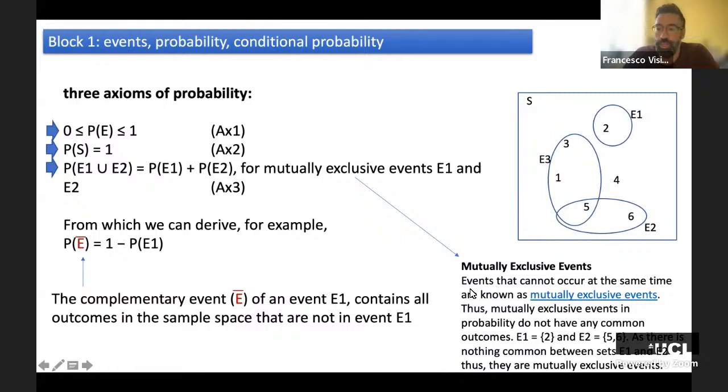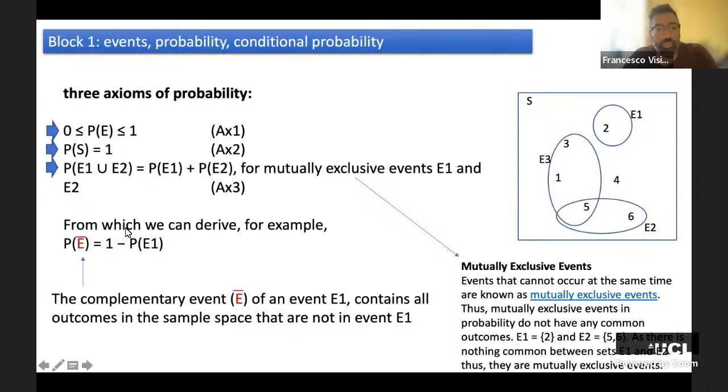Mutually exclusive events are events that cannot occur at the same time. So, for example, events E1 and E2 are mutually exclusive, because the occurrence of the number 2 or the occurrence of the number 5 or 6 cannot happen at the same time, of course.